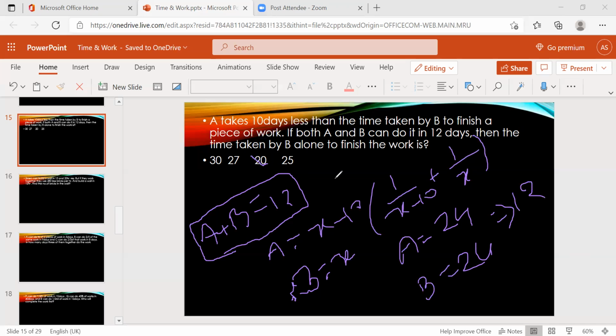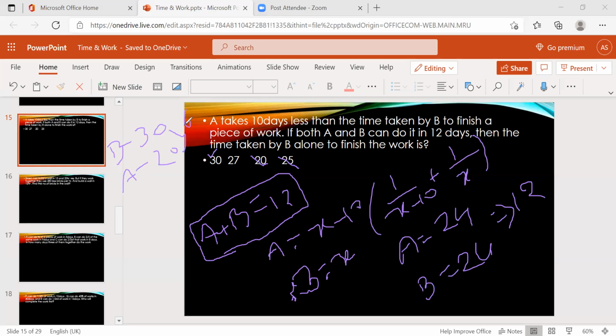And 25 also just nearby. If 21, it is 23. It's not possible, right? So 25 also eliminated. Now these two. Now check with option verification method. If B is 30, A will be 20, right?